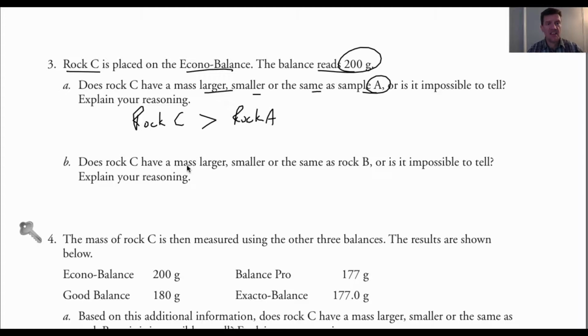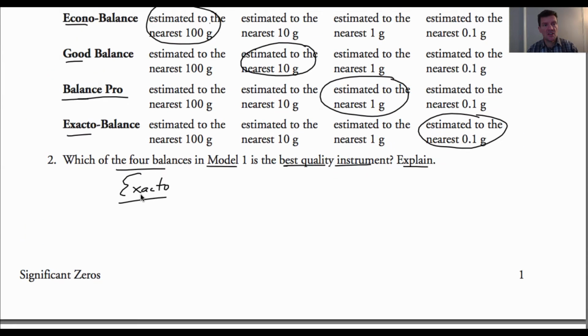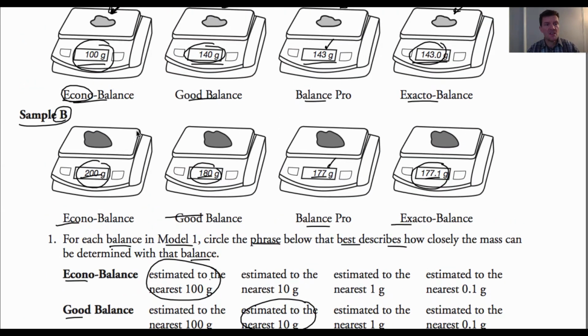Does rock C have a mass larger, smaller, or the same as rock B, or is it impossible to tell? In this case, you're not quite sure, because rock B also measured 200. Now, the econobalance is not as precise. As we use more and more precise instruments, you're going to get a more detailed, more accurate measurement.